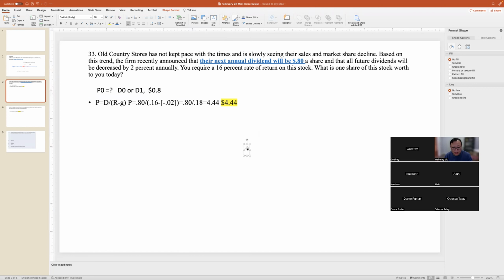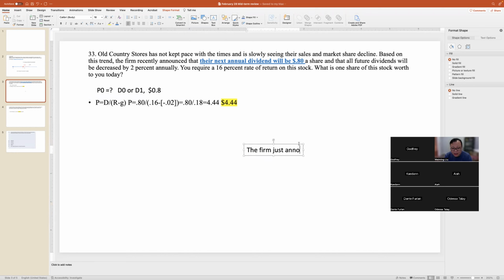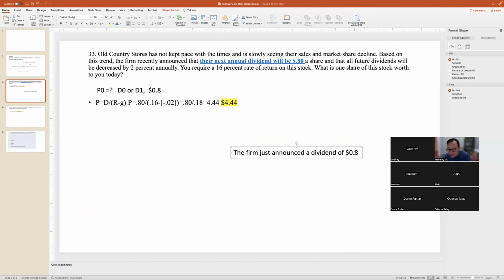They may say the firm just announced a dividend of, let's say, 0.7. So now the firm just announced a dividend of 0.7. Is this D0 or D1? D0. Okay, awesome. That's great.